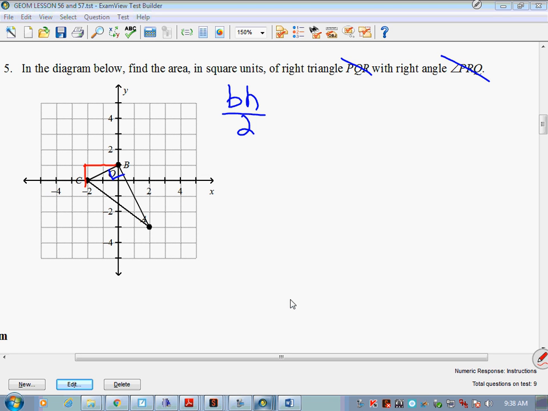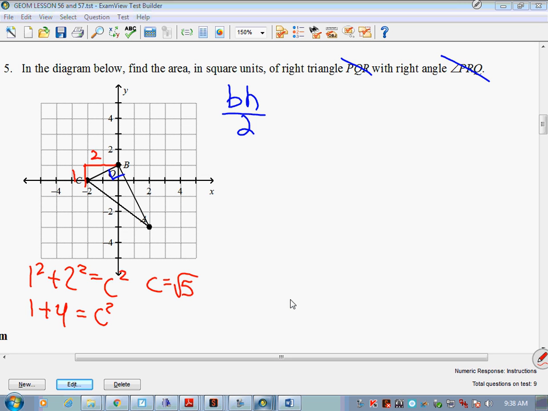All right, so I need to find the length of that. So what numbers am I going to use for that right triangle? 1 over 2. All right, so I've got 1 squared plus 2 squared equals C squared. What's 1 squared? 1. 2 squared is 4. So I get 5, or C equals what? Square root of 5.